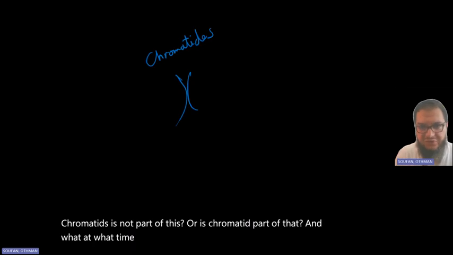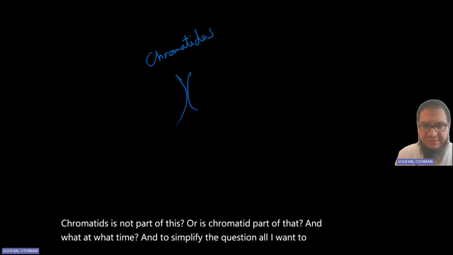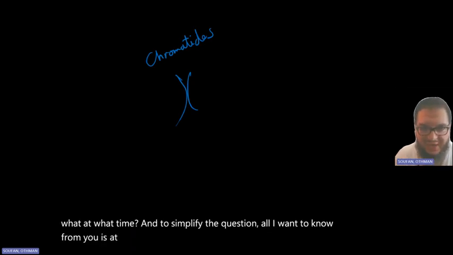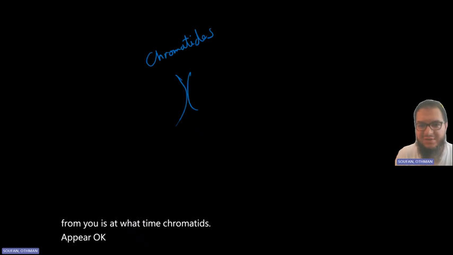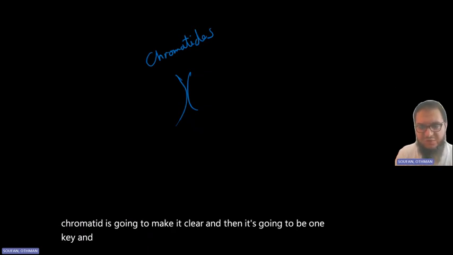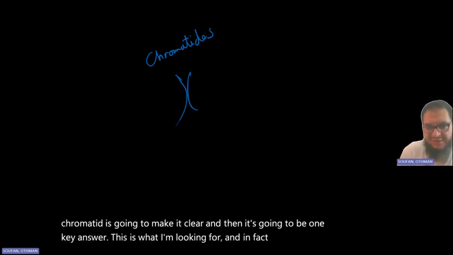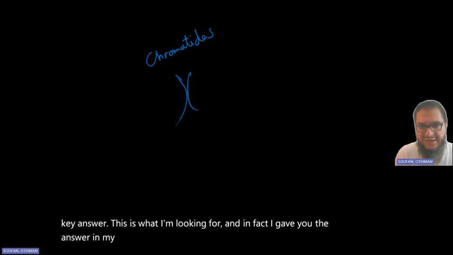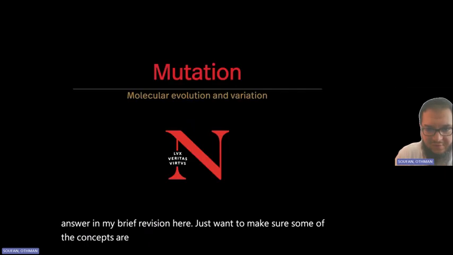To simplify the question, all I want to know from you is at what time chromatids appear. Your understanding of chromatids is going to make it clear, and then it's going to be one key answer. This is what I'm looking for, and in fact, I gave you the answer in my brief revision here. I just want to make sure some of the concepts are clear for all of us.